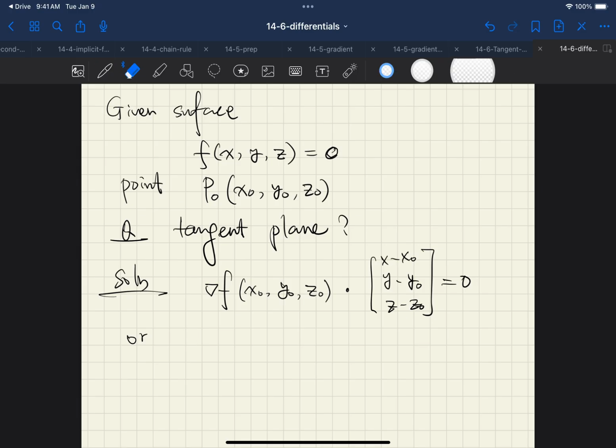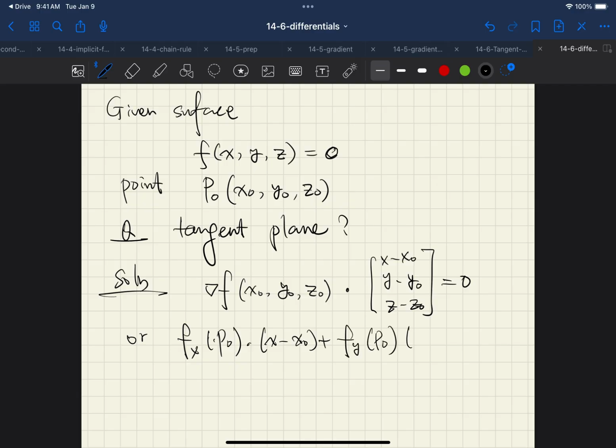Or you can write this, from the inner product or dot product, as fx at P0 times (x minus x0), plus fy at P0 times (y minus y0), plus fz at P0 times (z minus z0), equals 0.